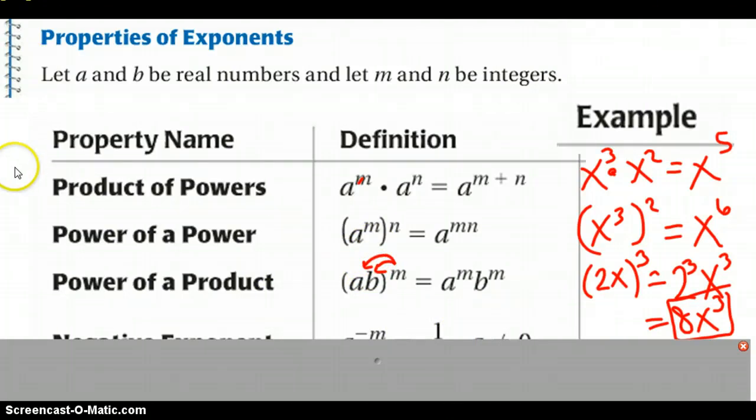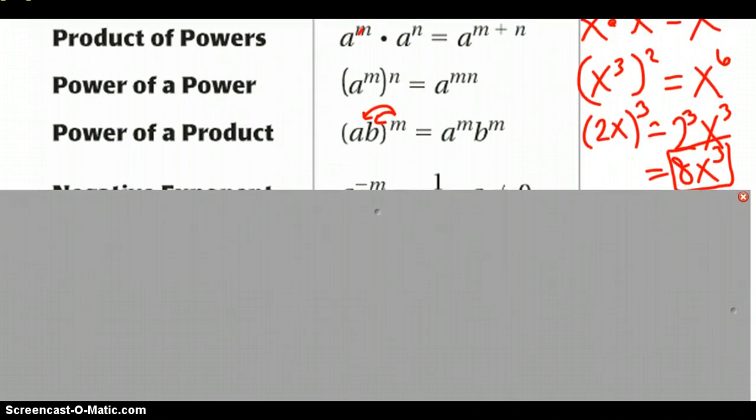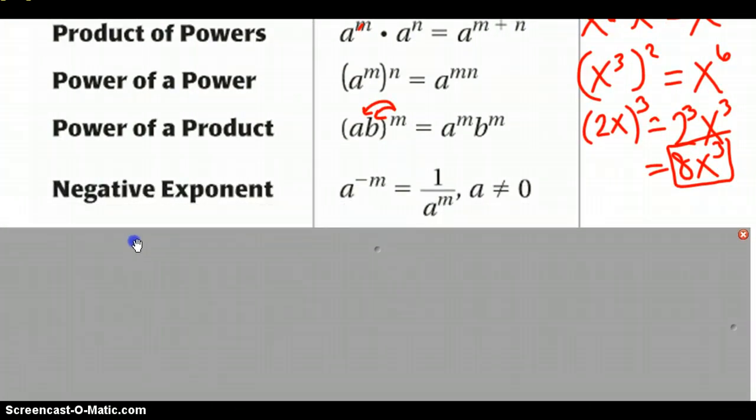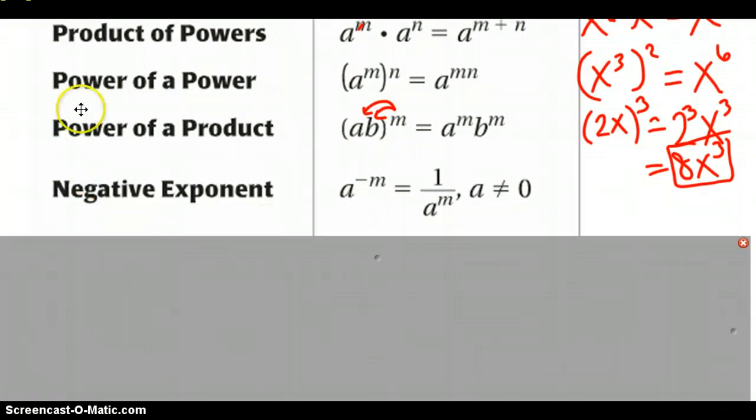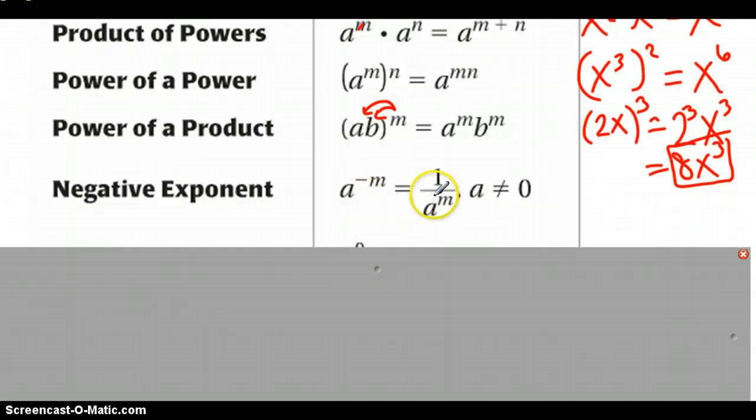Okay, so then we go to negative exponents. You can't have negative exponents, so there's a property that says whenever you have negative exponents, you do the reciprocal. And this applies vice versa.